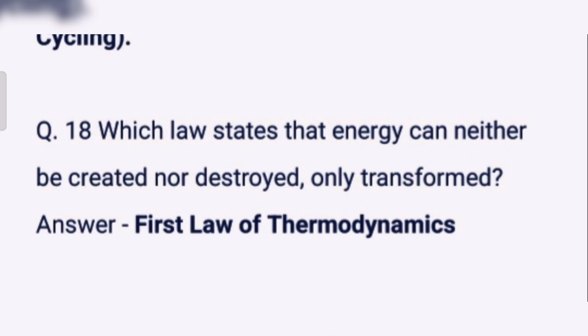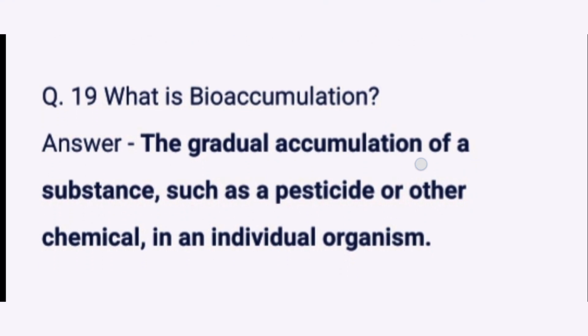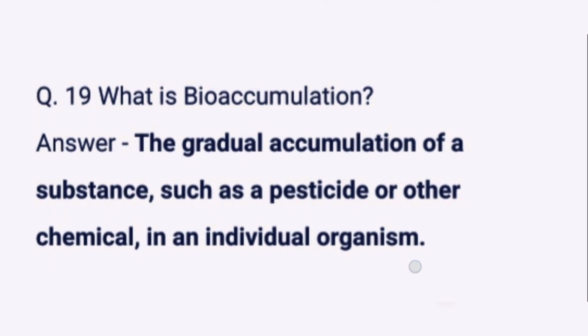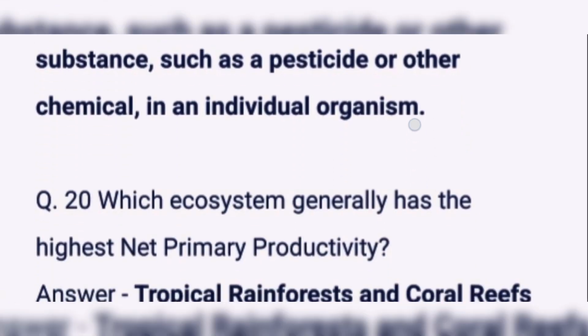Which law states that energy can neither be created nor destroyed, only transformed? First law of thermodynamics. What is bioaccumulation? Answer is the gradual accumulation of a substance such as a pesticide or other chemical in an individual organism.